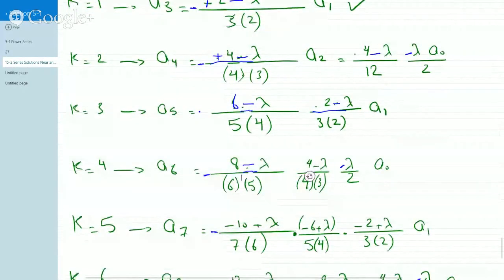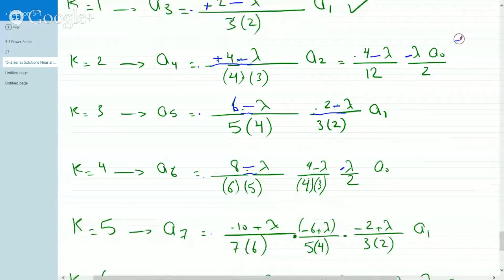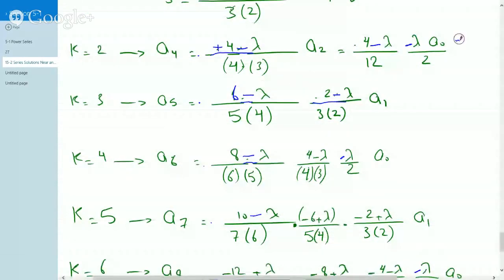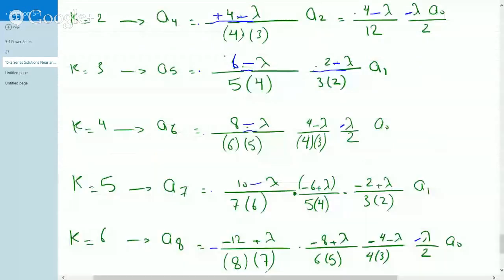And for 5, this is 10 minus lambda, and minus lambda. What's this? Sign mistake here, dragged everything down.